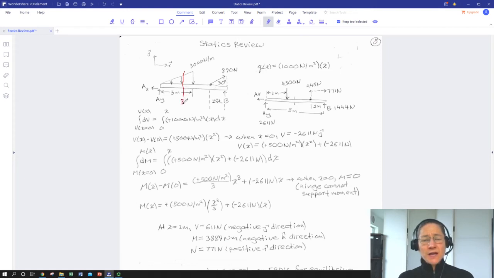So someone said, if I cut that beam apart at 2 meters, what would the forces be in a direction parallel to the beam axis, perpendicular to the beam axis, and the moment about an axis sticking out of the page?